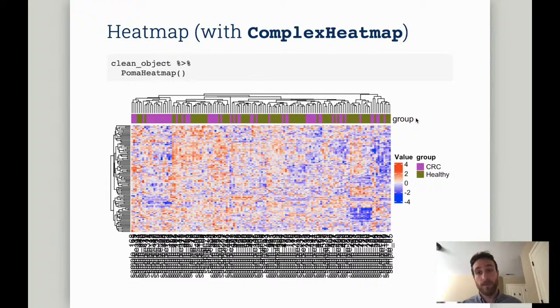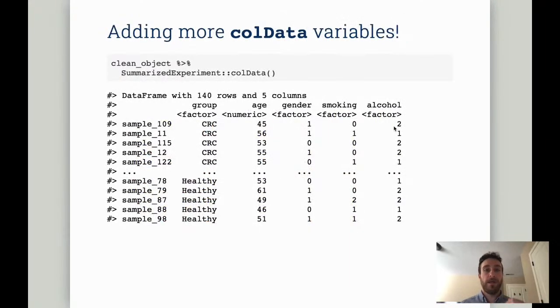You can see our group. This is our most important variable, because, as we can see here, these are the two groups in our data. So we can plot this heat map. But if you remember, we had different covariates, different other variables in our colData.